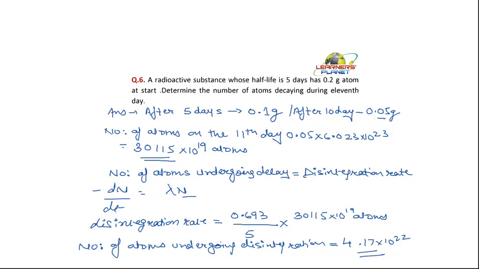Right, so the number of atoms undergoing decay on the 11th day will be 4.17 into 10 to the power 22 atoms.